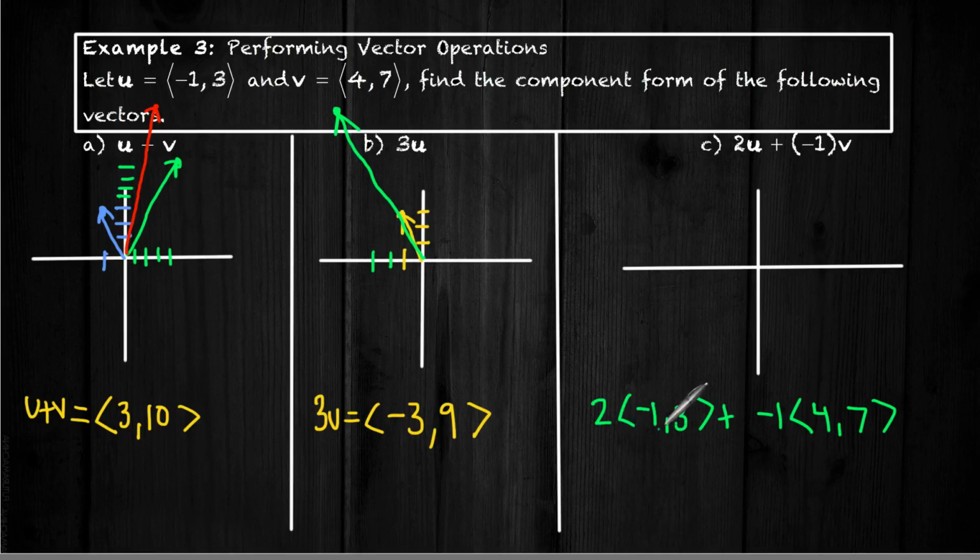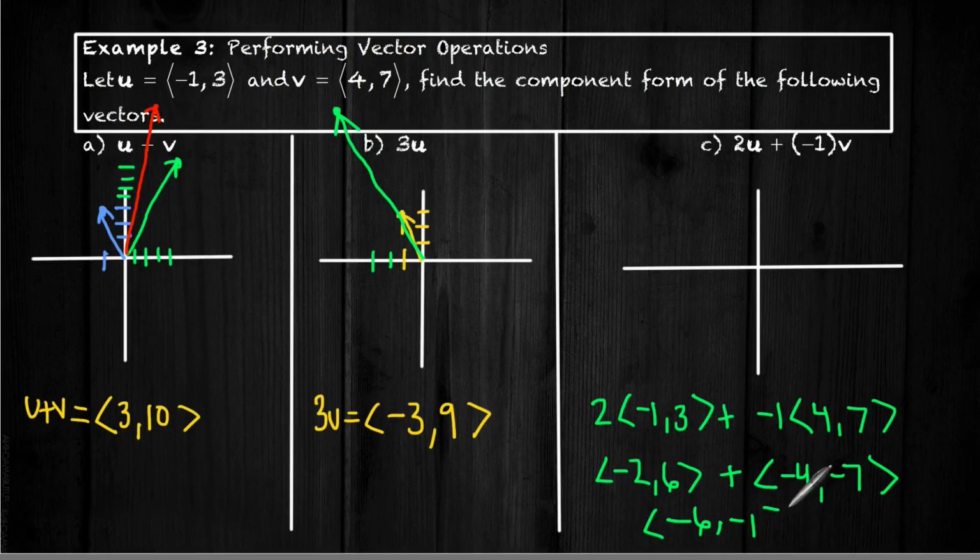So we're going to multiply the u vector by 2, and we get -2, 6. And plus, we're going to multiply the v vector by -1. We get -4, -7. Simple addition. So now we're going to add the x components together, and you get -6. And then you're going to add the y's together. You get -1. And that would be the components of this new vector.